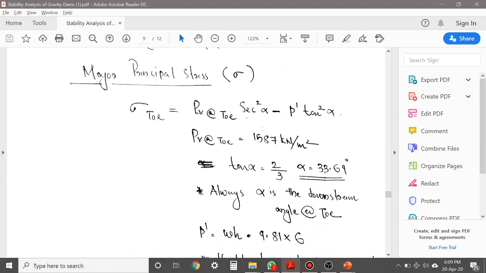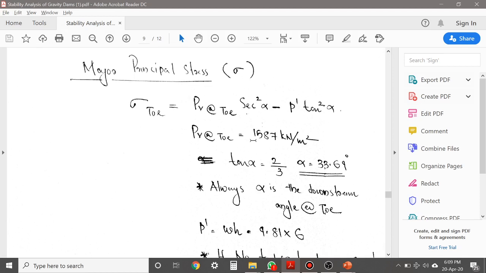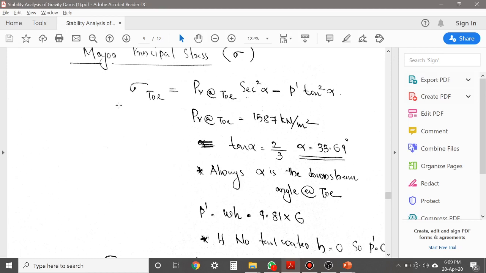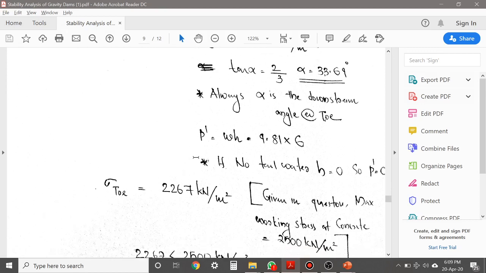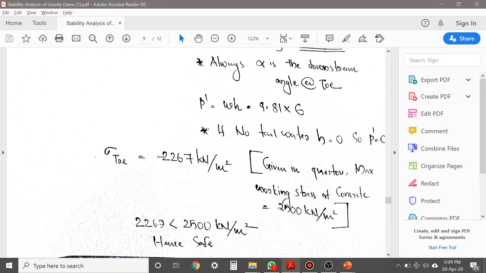And PV at toe, you know it is previously calculated. You know how to calculate alpha. P dash is also calculated. So calculating the major principal stress sigma at toe, you will get the value 2267 kilonewton per m square.